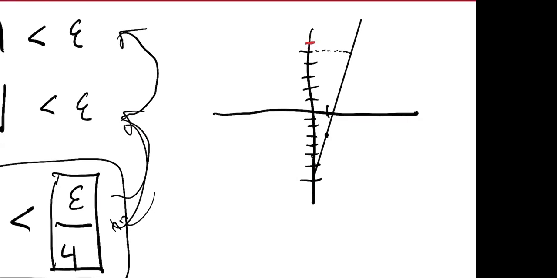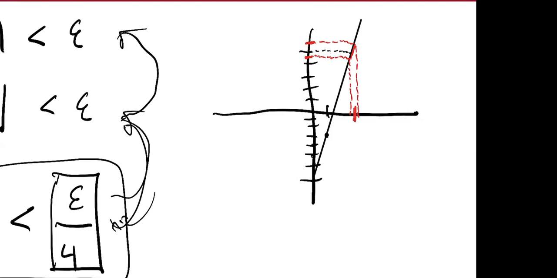I take a tiny little band around the y value, y equals 5, right? The whole idea is I start with the fact that I want y to be between these two values. So the whole idea is, what x values do I have to be between down here at x equals 2?